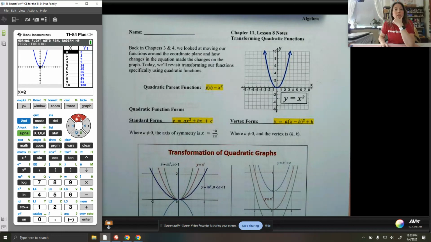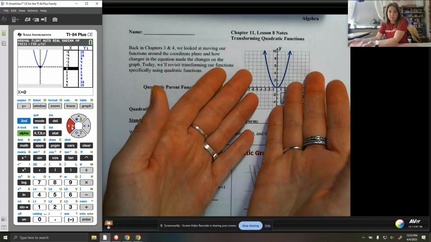And let's arrow up so that we can center that in our table on our page. But that 0, 0 is my vertex. It also happens to be my root. It also happens to be my y-intercept. So it is the plethora of all the things that I look for in a quadratic function when I graph it. Okay. Well, our same picture right here.